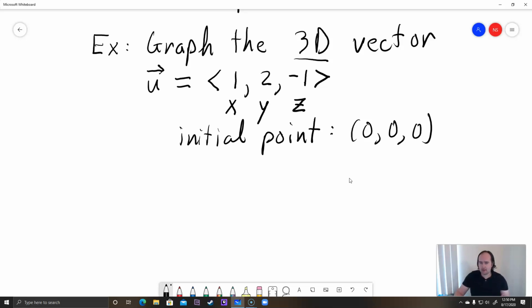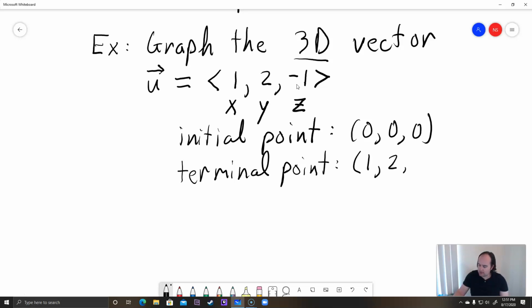But you're probably able to think in your head, the terminal point is probably just going to be 1 comma 2 comma negative 1. And that's correct. The nice thing about these position vectors, and the reason we're learning about them first, is they always start at 0, 0 or 0, 0, 0, and then they always end at the point that they gave you. So this is going to end at 1 comma 2 comma negative 1 for your terminal point.